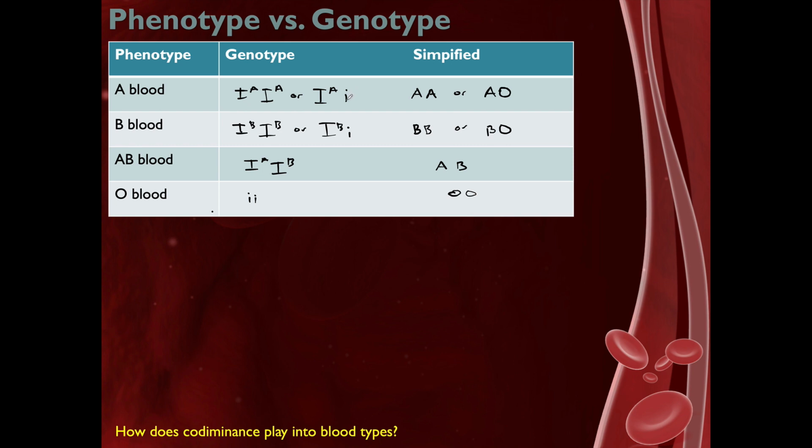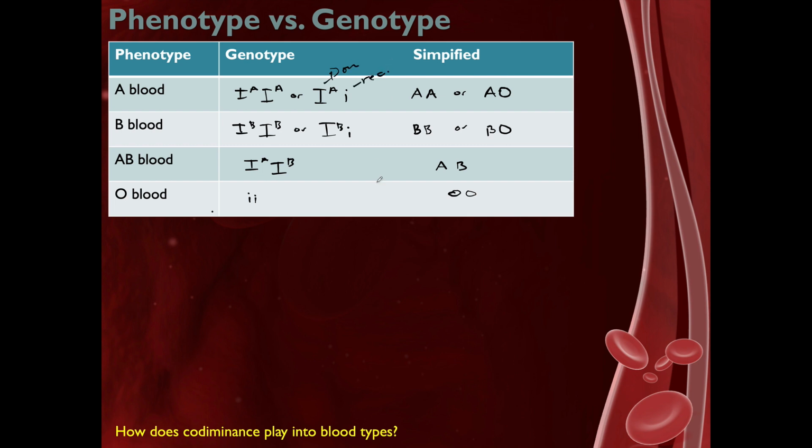In this case, the person also has A blood. Similarly, if you look at the B-blooded person, both parents donated the B allele, or the other possibility is one parent donated a B and the other parent donated the lowercase i allele, the recessive allele, which gets masked. Now, in this case, we definitely can see that there's a dominant and a recessive.